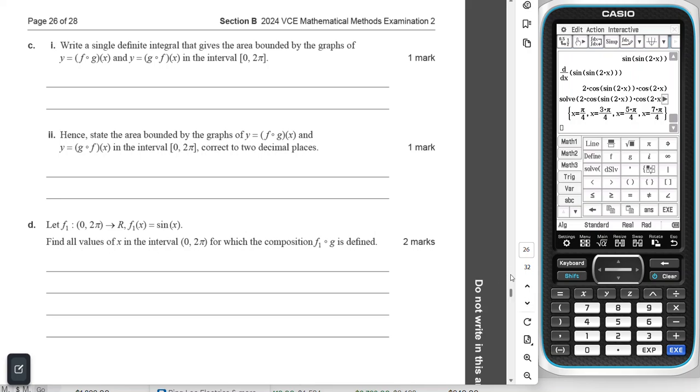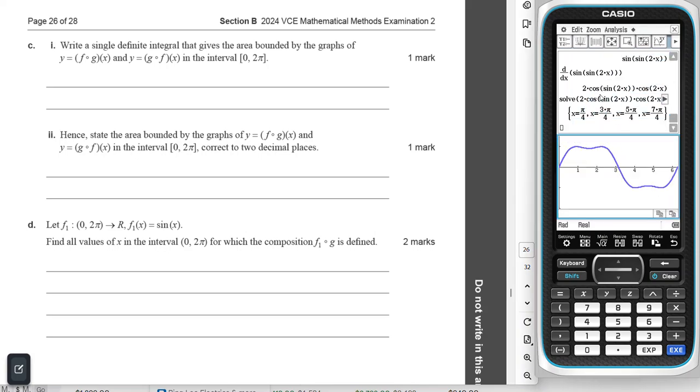So if I graph both of these together and have a little look and see what's happening, and I want to graph this one here as well. So this area and this area is the same, and the intersection points are there and there. Okay, so the area is going to be two lots of the integral from 0 to pi.